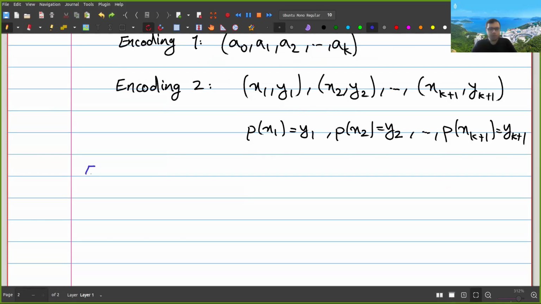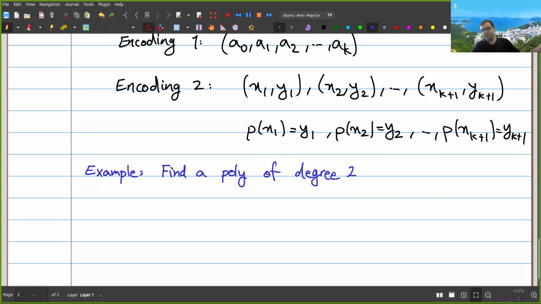So let me just give you an example. Suppose that I know my polynomial is of degree 2. So I say find a polynomial of degree 2, and when I say degree 2, I mean 2 and less than 2, so it might be degree 1, that goes through 3 points.